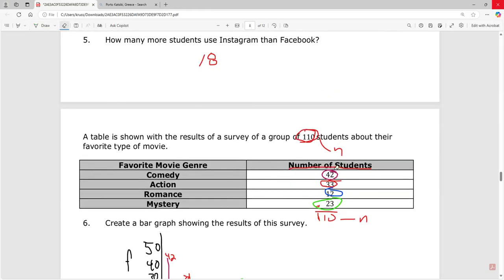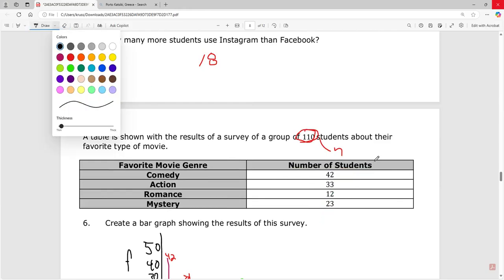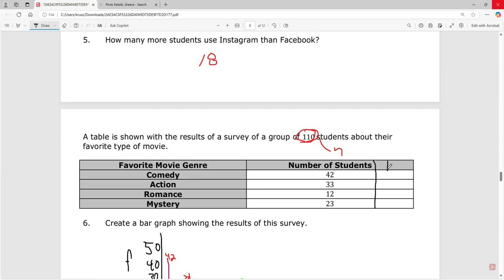I'm gonna do all of this over here and make this table, a relative frequency table too. This is a relative frequency, so I have to divide this by 110. So 42 divided by 110 is 0.3181818. I'm going to round that up to 38.2%.